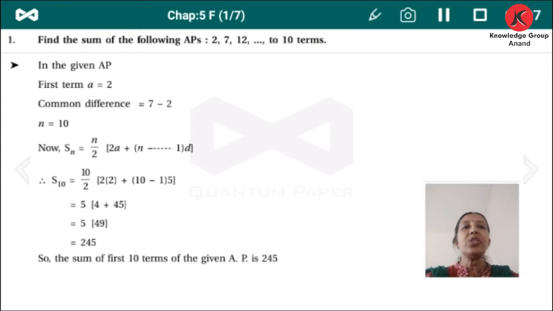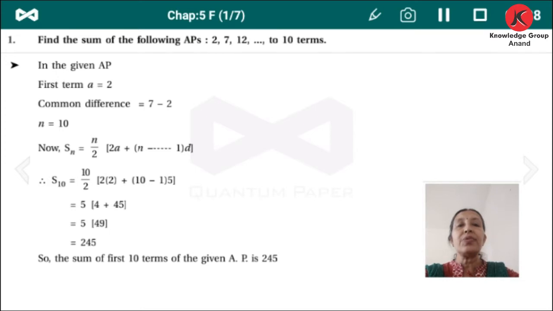Now, exercise 5.3, question number 1. Find the sum of the following AP: 2, 7, 12 up to 10 terms. Here, a is equal to 2.